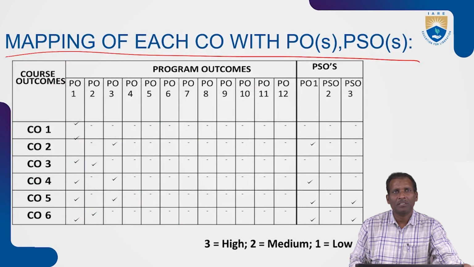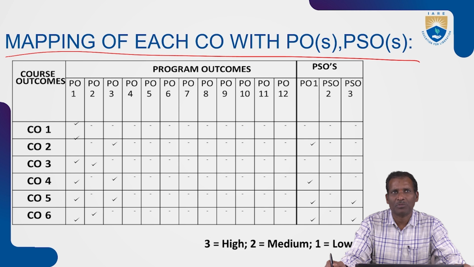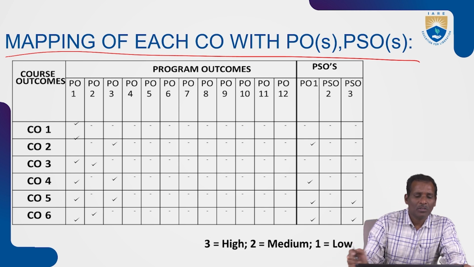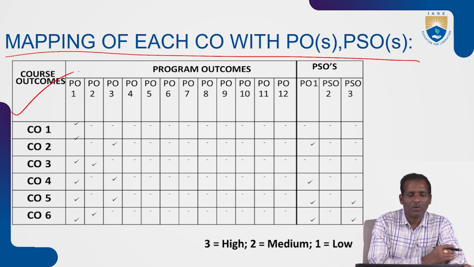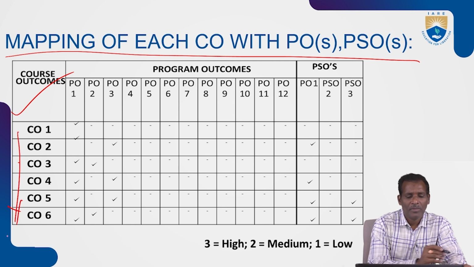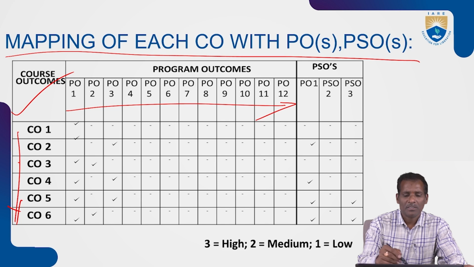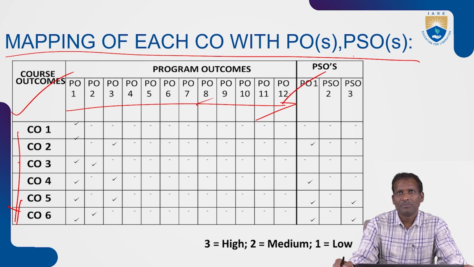Now the mapping. The POs we also discussed. The mapping of each CO with the POs and PSOs: the course outcomes are written in the first column, CO 1, 2, 3, 4, 5, 6, total 6 COs. In the horizontal direction, total 12 POs are there, which we have already discussed, 1 to 12.